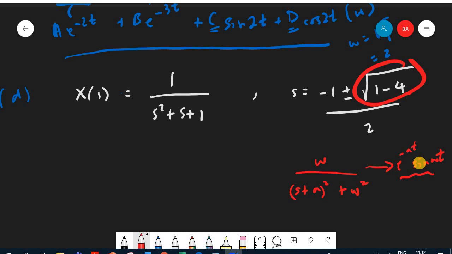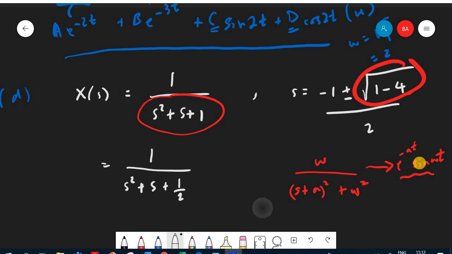So what do I have here? First thing, I need to complete the square of this part here. How to complete the square of this? If we just recall, s squared plus s, and then we take half of that s term, which means I take 1 as the number, over 2, so I divide it by 2, and that is squared.